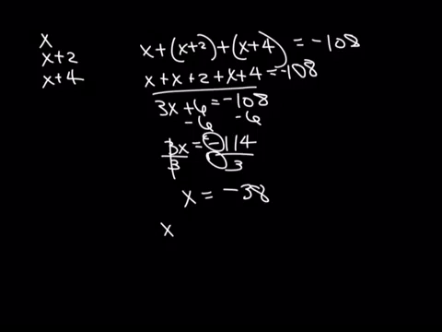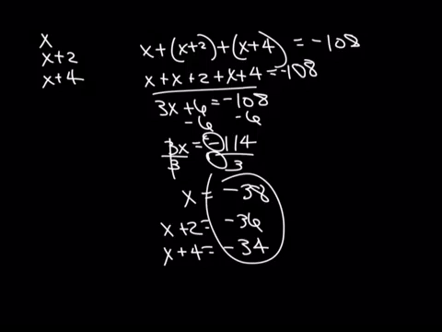My other answer says I take negative 38 and add 2 to it. So my next one is going to be negative 36 because I added a positive 2 to a negative. The next one says I add a 4 to that negative 38, and I get a negative 34. So my 3 consecutive integers are right there.